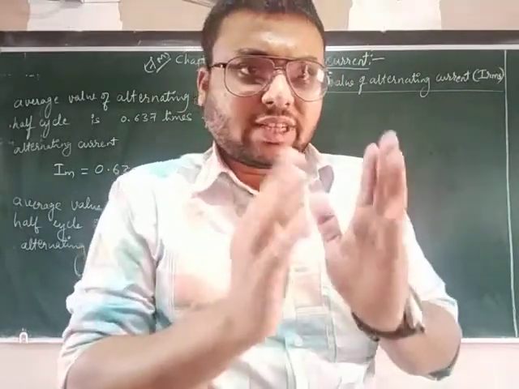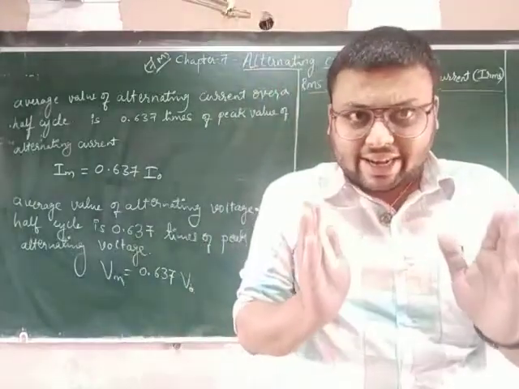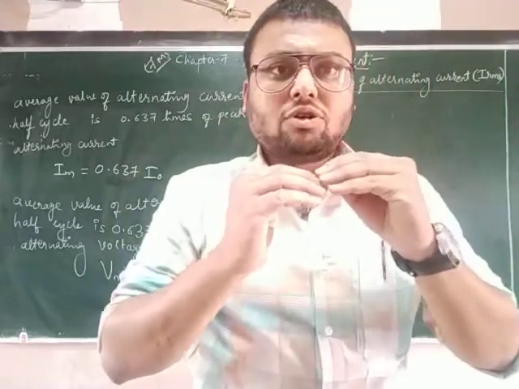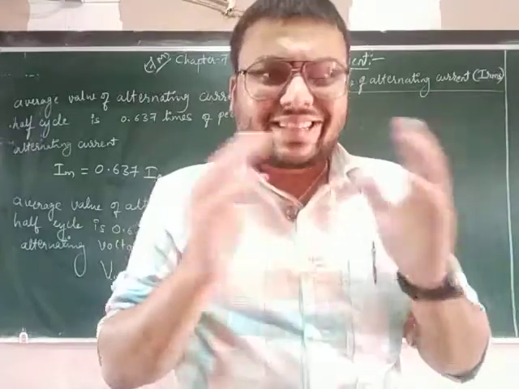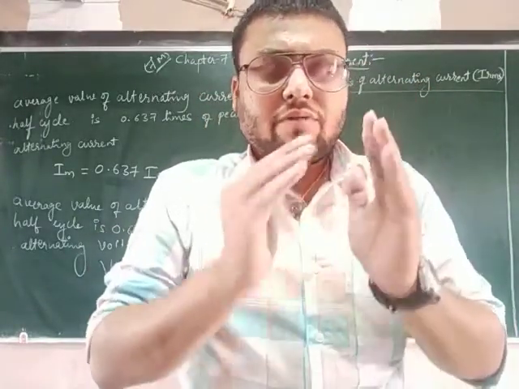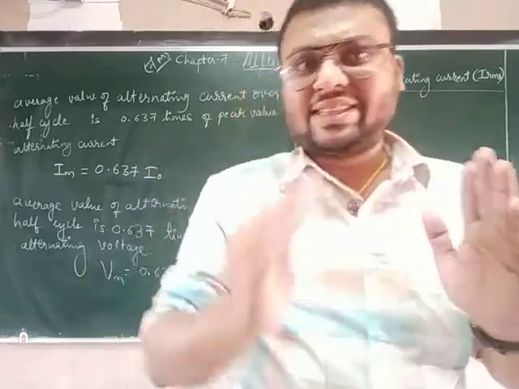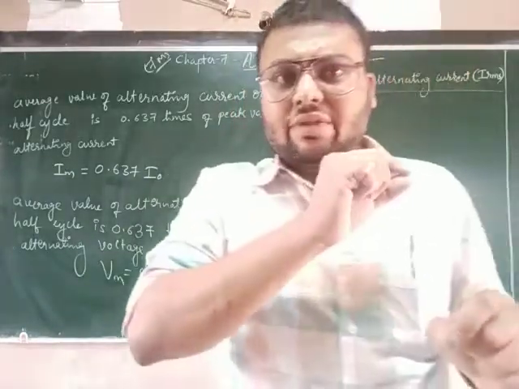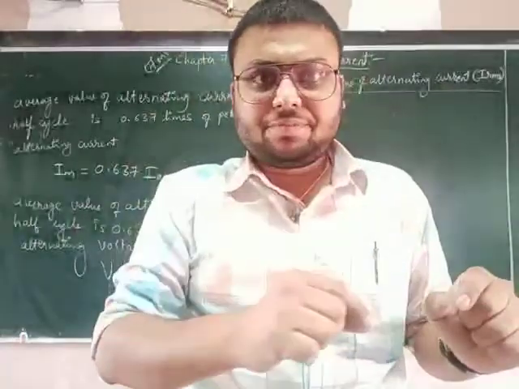It's clear. So just consider a direct current, and we want to make it flow through any resistor for a given particular time. Whenever direct current is flowing through any resistor for a particular time, it will produce some amount of heat.